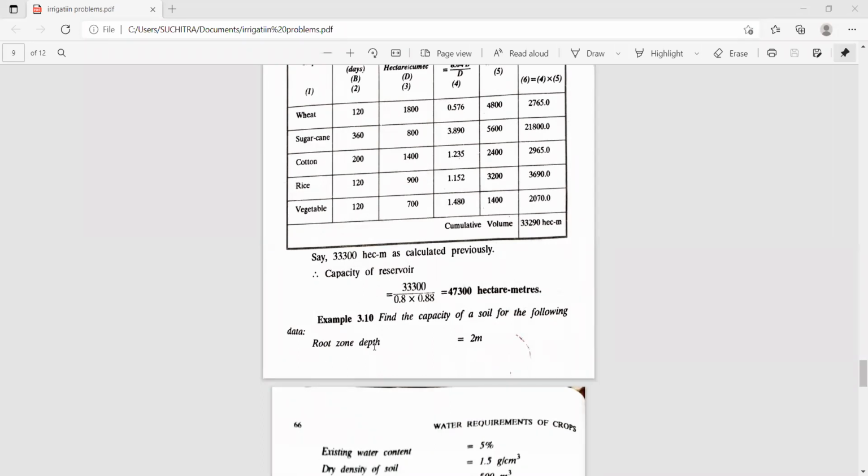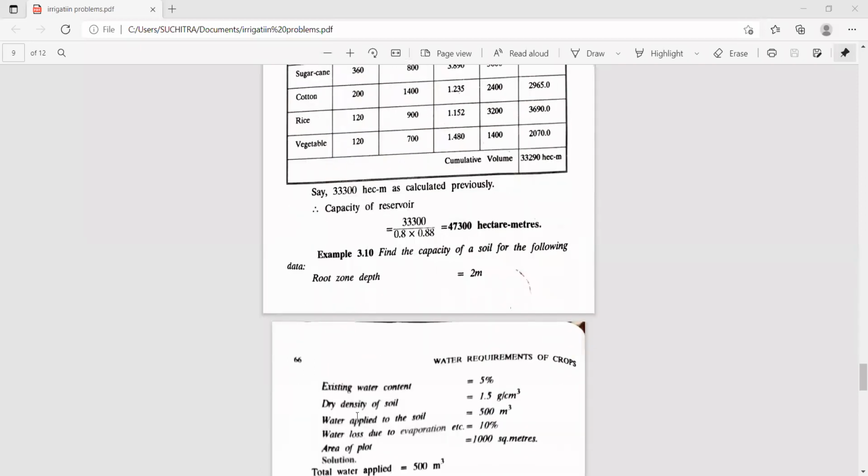The root zone depth of the soil is given, about 2 meters, and the existing water content in the soil is about 5%, and the density of soil is about 1.5 gram per centimeter cube, and the water applied to the soil is about 500 meter cube, and water loss due to evaporation is about 10%, and the area of the plot is about 100 square meter. So these are the given data from which you have to calculate the field capacity of the soil.